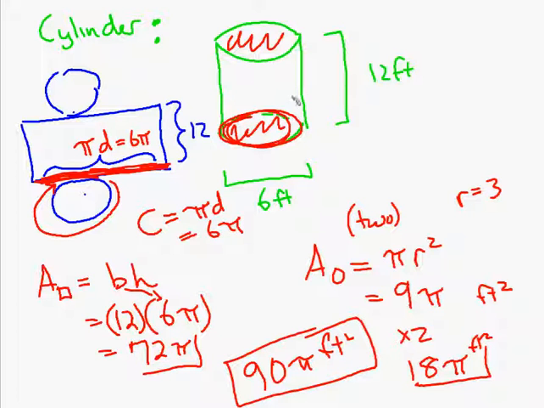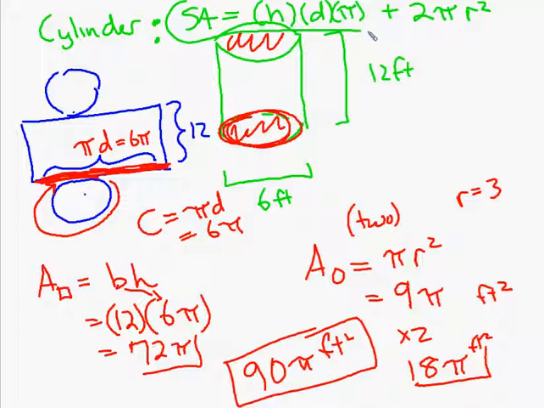Okay, so for some of you, it might be helpful for a cylinder just to have a formula that will give you the surface area. In which case, you are going to have to memorize the following formula. The surface area of a cylinder is height times diameter times pi plus 2 pi r squared.